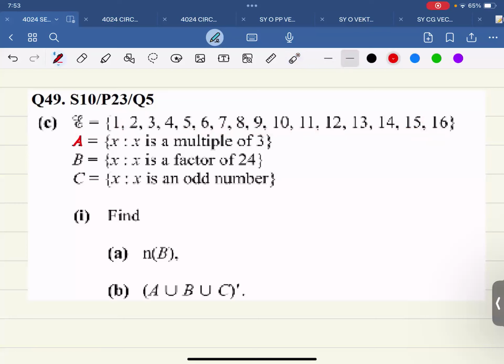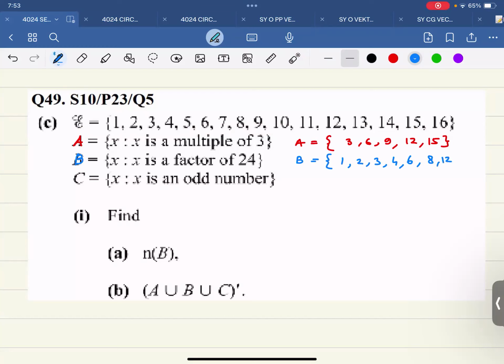A is such that it's a multiple of 3. Therefore, A is 3, 6, 9, 12, and 15. What is set B? It's a factor of 24. 1 is a factor, 2, 3, 4, 6, 8, and then 12.